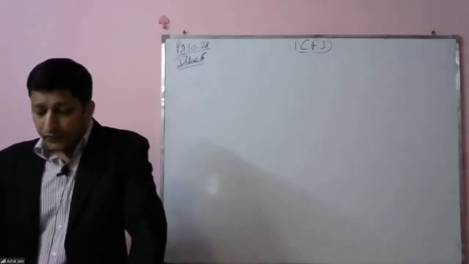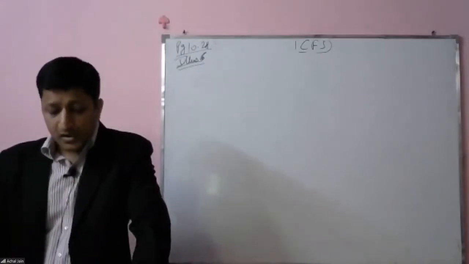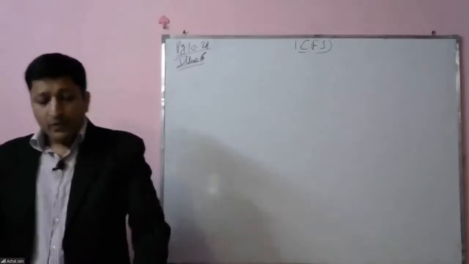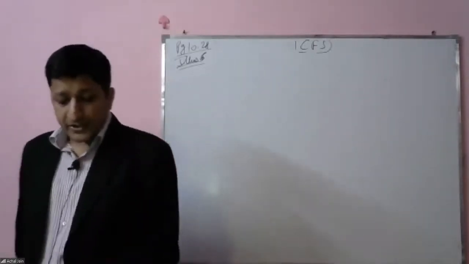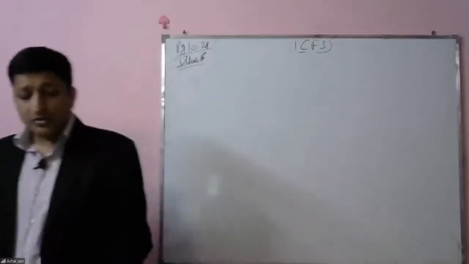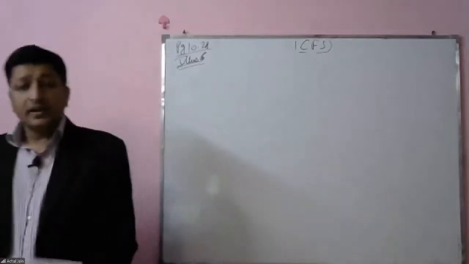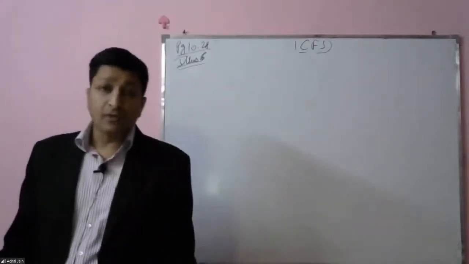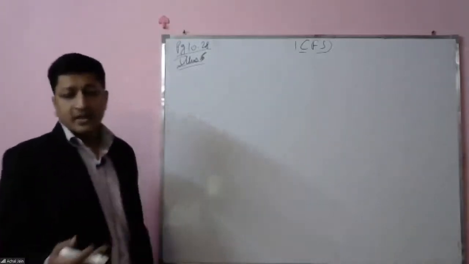So separate information about these two balance sheets is available to us. Now, as a next step, what do we need to do? We need to prepare the consolidated balance sheet. For that, we can just use the information available in the standalone balance sheets of these two companies. That's the starting point.